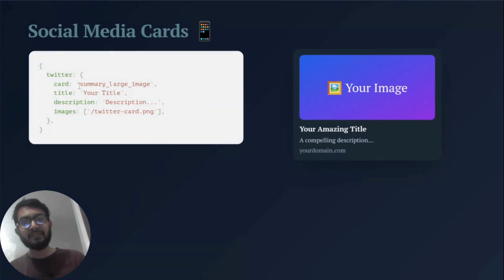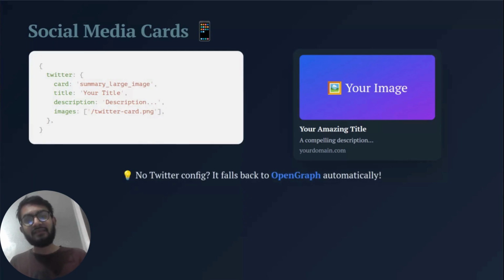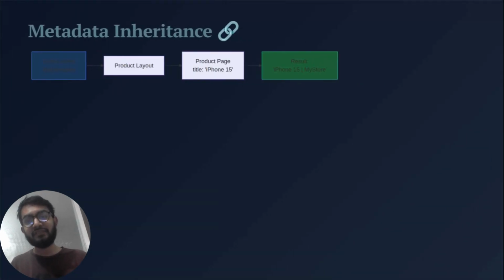If you define summary large image, which is the card name, along with your title, descriptions and the image, it will look like this: your image as a preview, your title, a compelling description, and your domain. And if you don't have any Twitter config, then it actually falls back to OpenGraph automatically.